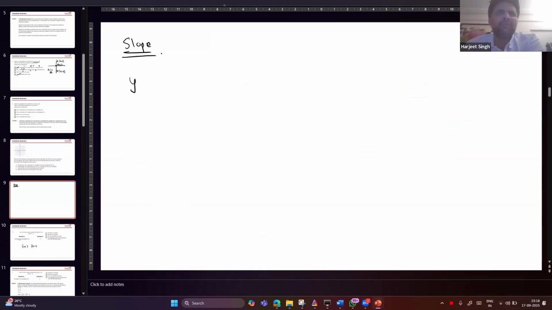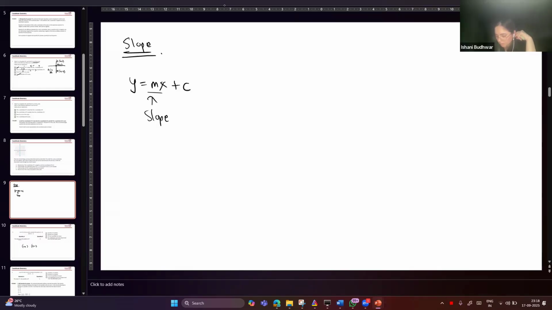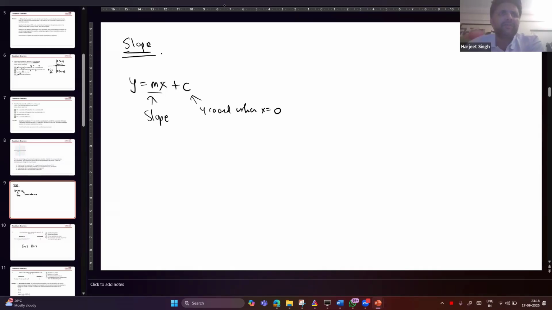The slope equation is y equals mx plus c, where m will be the slope and c will be the y coordinate when x is equal to 0. Now, how to find the slope?